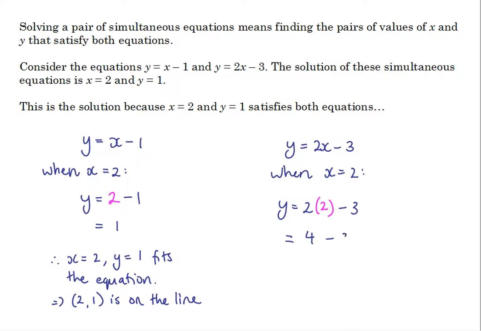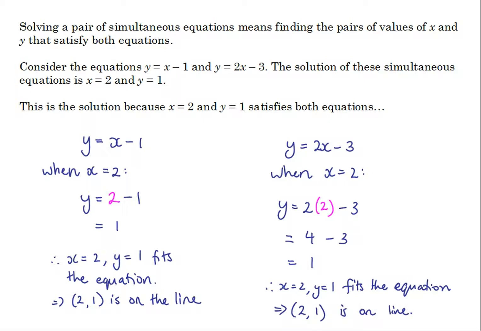So we get 4 minus 3, which is 1. So therefore, x equals 2, y equals 1 fits the equation, which tells us that the point (2, 1) is on the line.